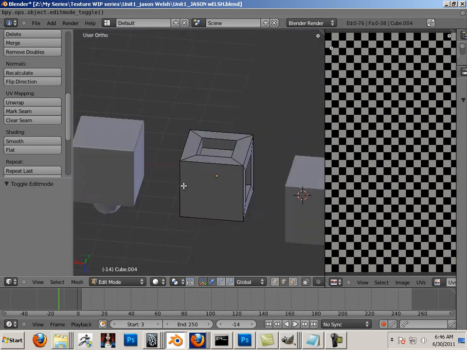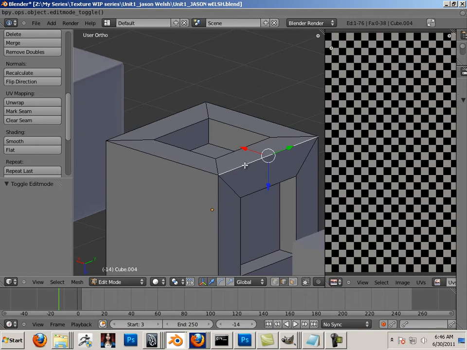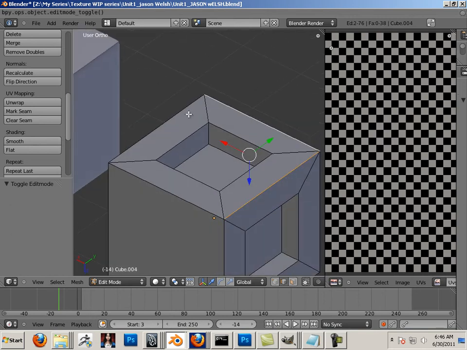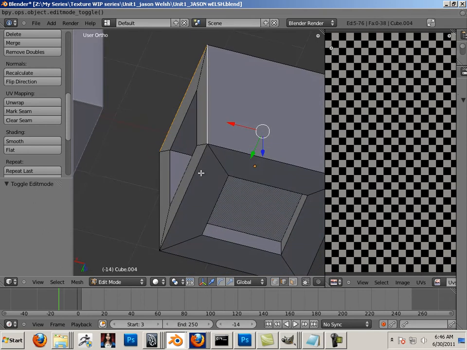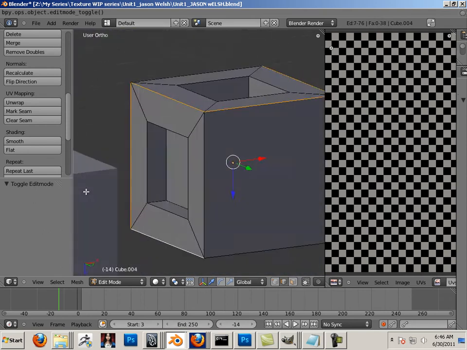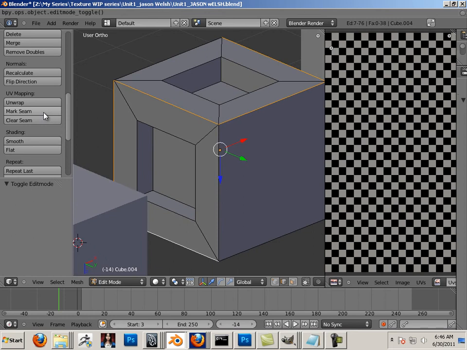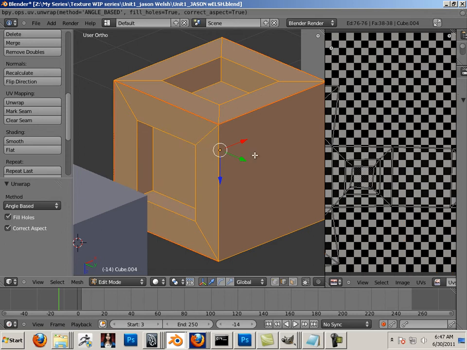So I'm going to make a T layout for this, just like I did the other one. Okay, and I'm going to mark that seam. Then I'm going to hit A, and then U, unwrap. And let's look at it in texture mode.